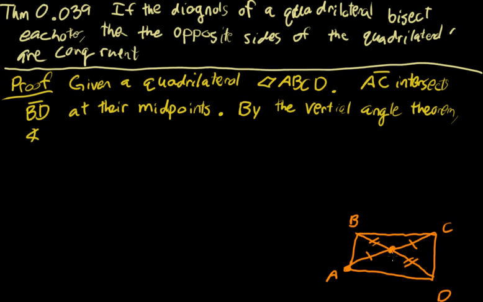We'll label that point E. Okay, so we want that side angle. So this will be AEB. So angle AEB is congruent to angle, we want to get this side angle because it's the opposite one, so angle DEC.